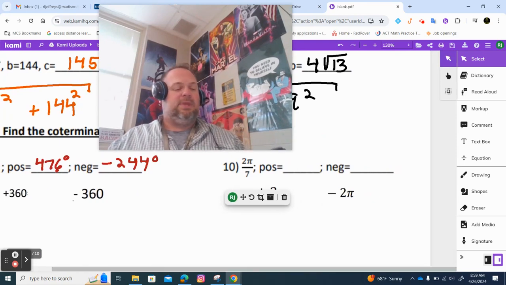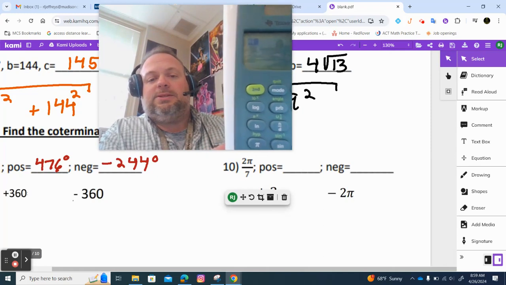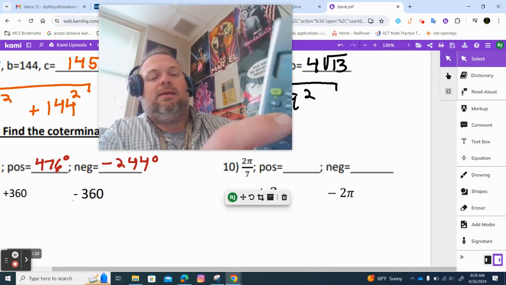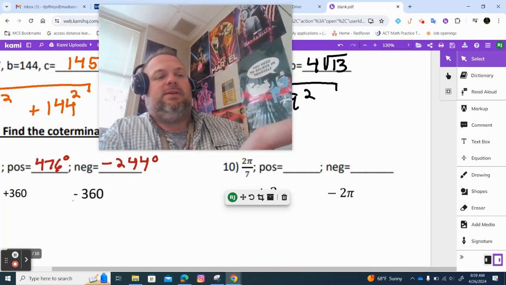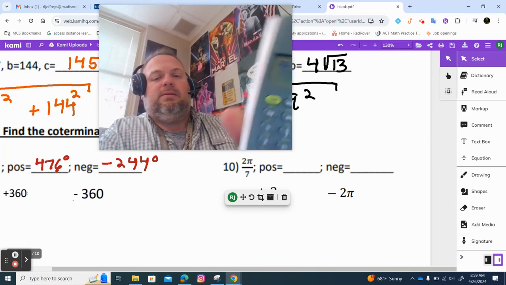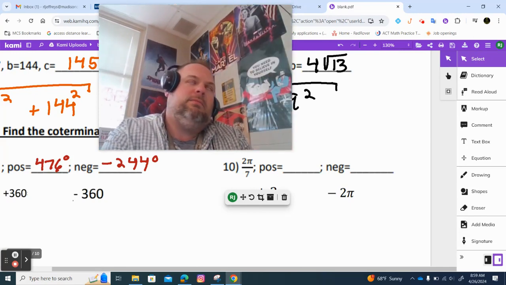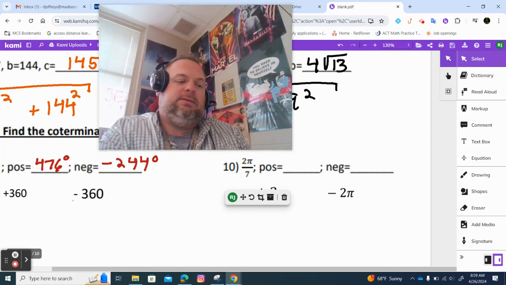All right, so 2 and then pi, n over d, 7, scroll over, plus 2 pi.